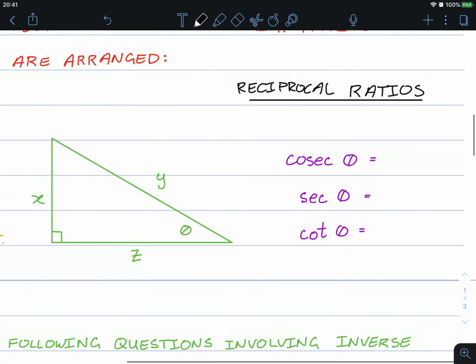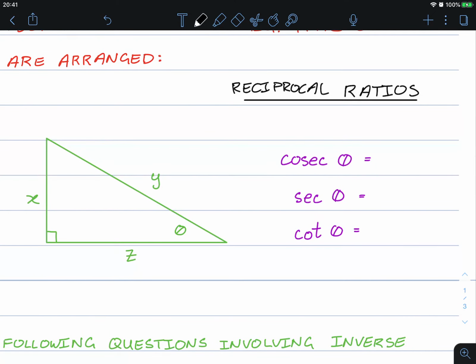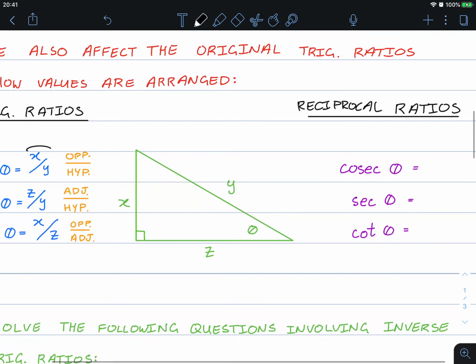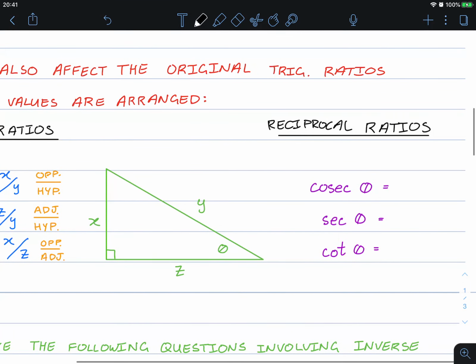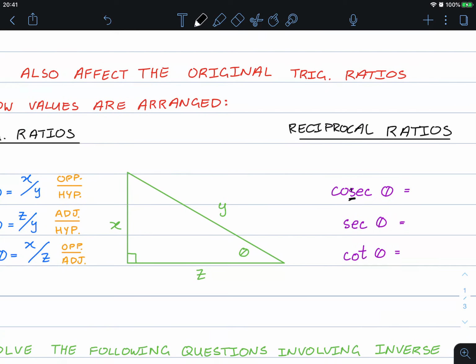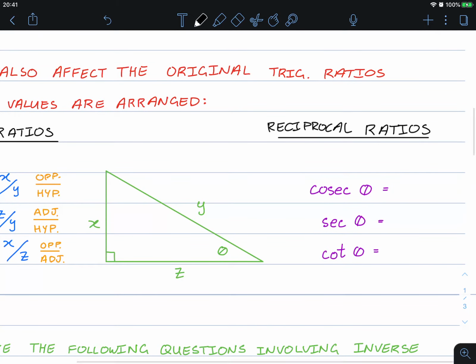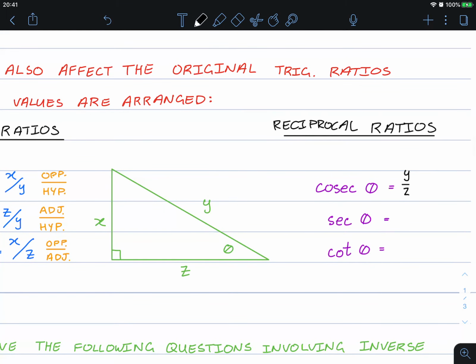However, when we take the reciprocal of these ratios, we also take the reciprocal of the values that they have. So if sine theta is x over y, cosec theta, and remember cosec, third letter S, relates to sine, cosec of theta is now going to be y over x.